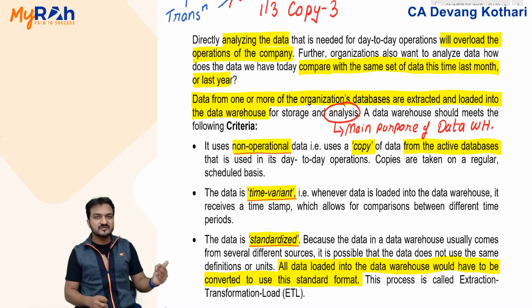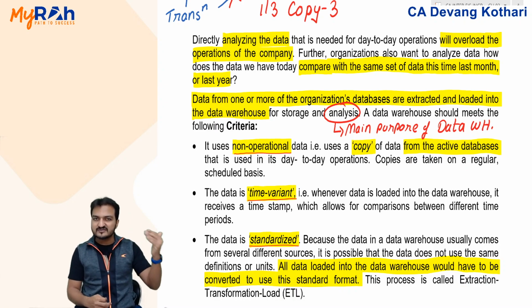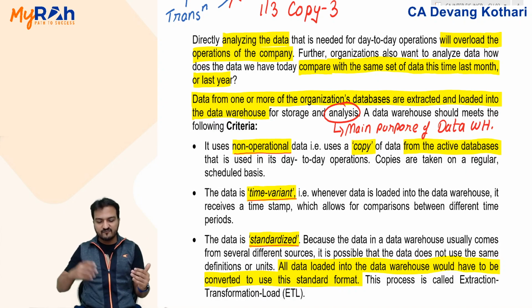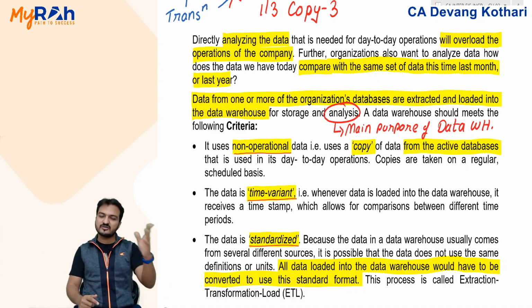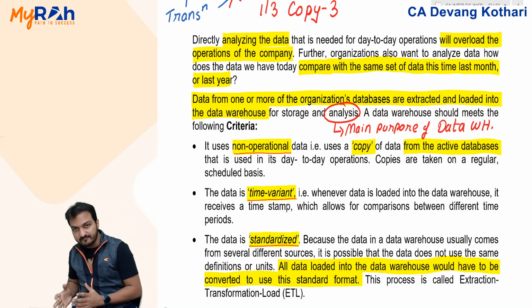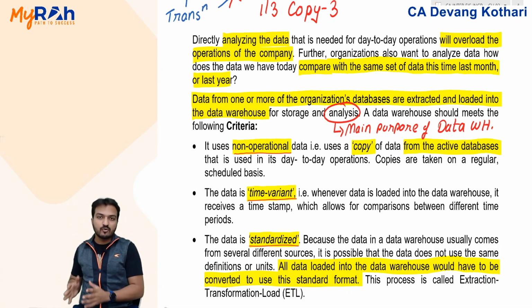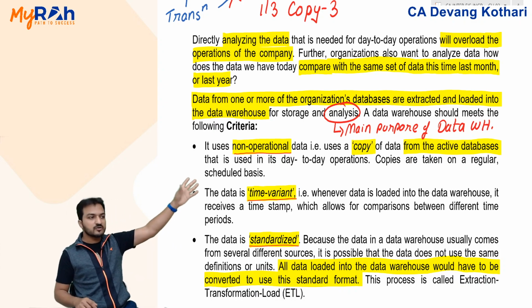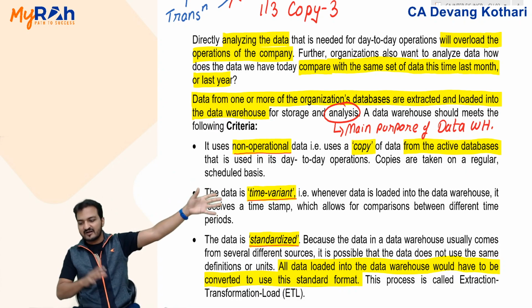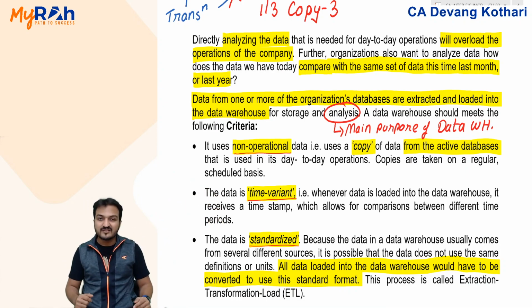It is getting lakhs of transactions every day, every minute. And if the railway minister says no, I want to generate a report right now, and I am sitting over here trying to book a train ticket, and because of that my ticket was not booked, will that be allowed? No.